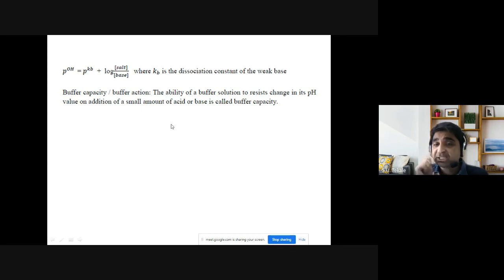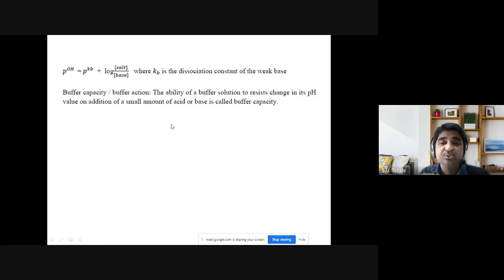So buffer action or buffer capacity is the mechanism by which the buffer solution resists change in its pH value on addition of a small amount of acid or base. Means if I am trying to change the pH of that buffer solution, it will not allow the pH to change.